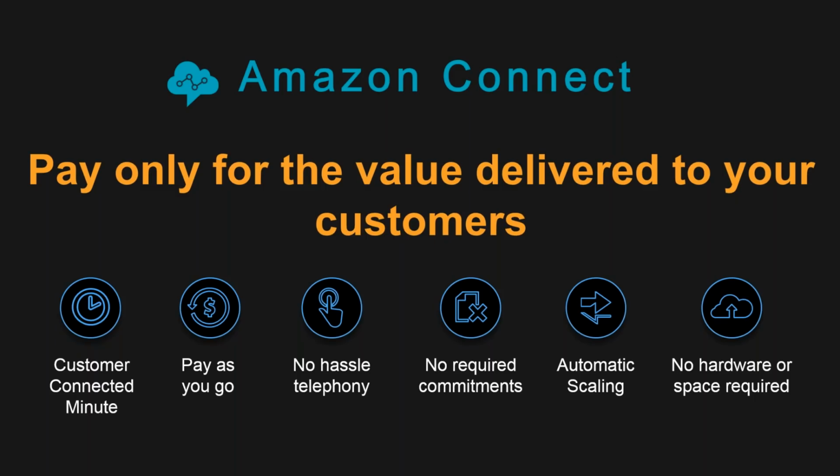The customer connected minute is anytime a customer calls in to your contact center and is interacting with the technology or agents. So if they're leveraging the contact flow in a self-service way, checking their account or changing a password or whatever your application might be, or they're routed to a queue and they're waiting, or they're speaking with an agent, those minutes are the billable minutes for Amazon Connect.